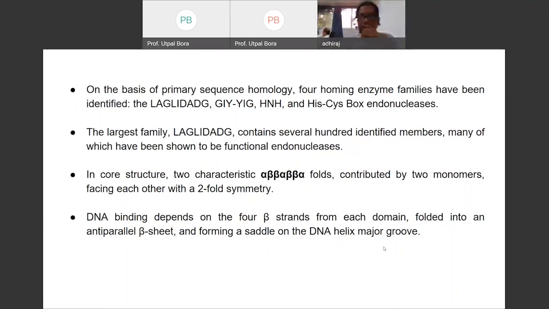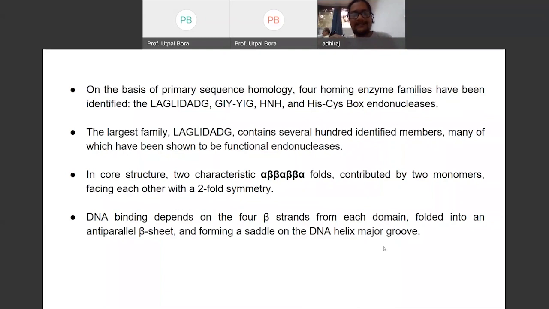So yeah, it's fine. Whenever we are talking about homing nucleases which belong to LAGLIDADG, there are two monomers, right? So they form a homodimer. What happens in one monomer? It has alpha, beta, beta, alpha, beta, beta, alpha, like that, in the motif.